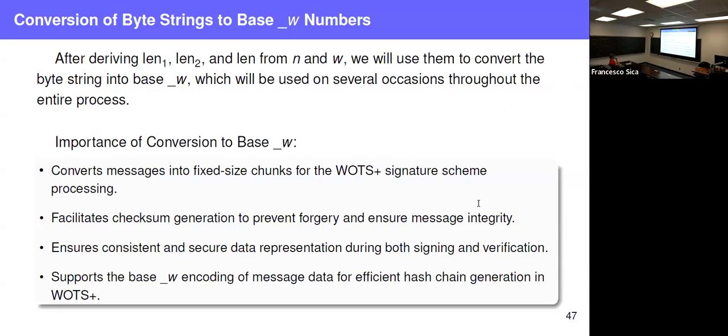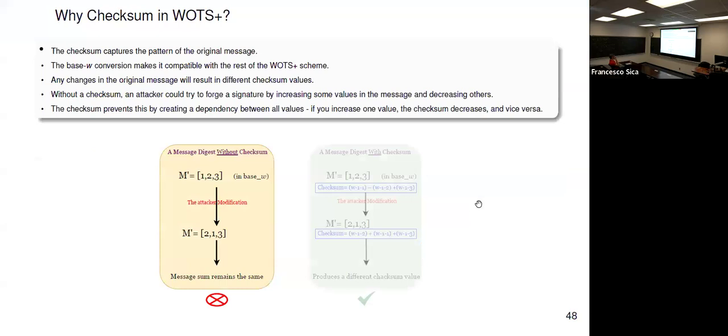I mentioned before that our message digest should be converted to base W. But before that, we should create a checksum for the message digest. Let's see what happens if a message digest without a checksum is used during the process.